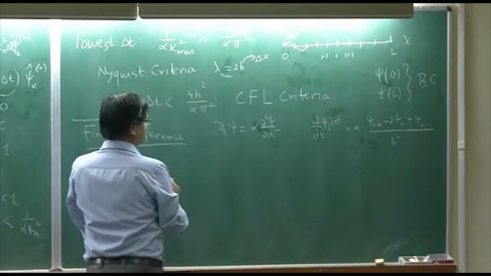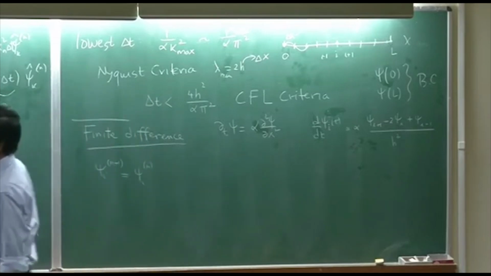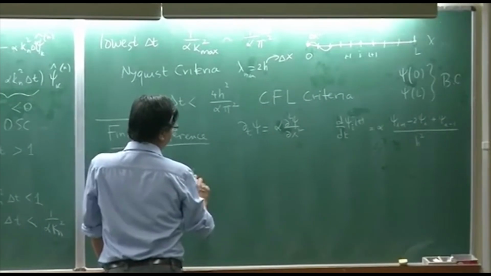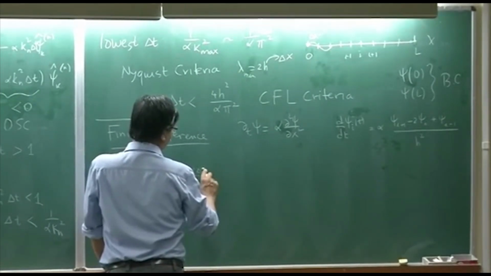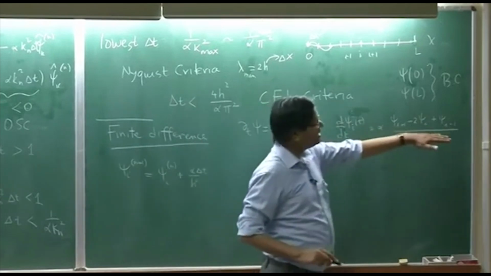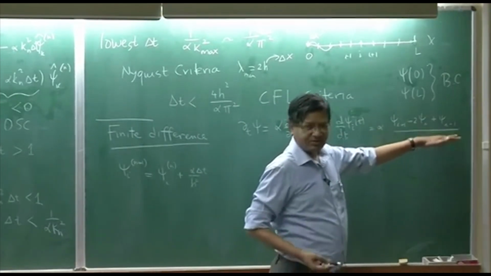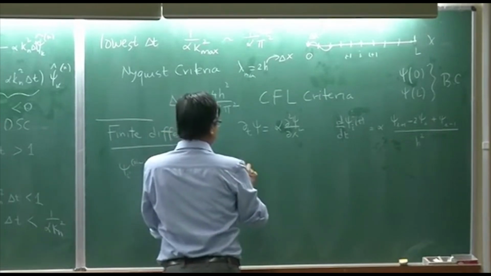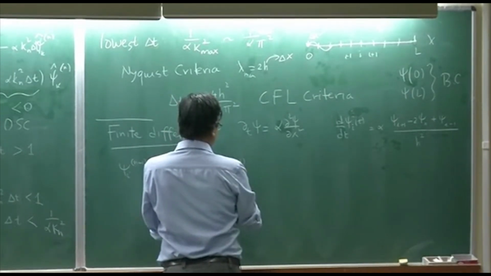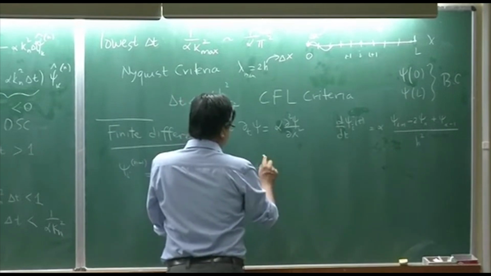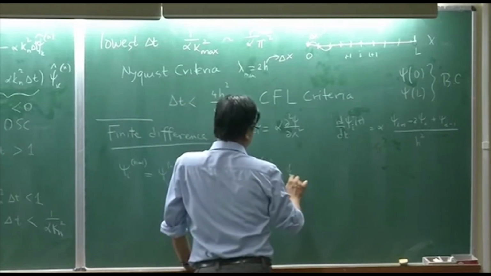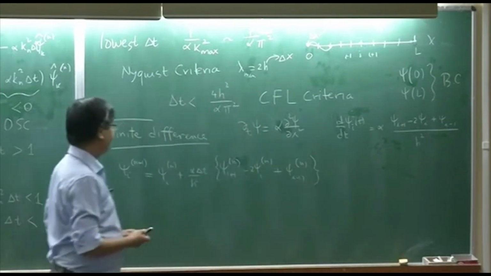So plus alpha by h squared delta t, times psi i plus 1 minus 2 psi i plus psi i minus 1, all computed at time n.